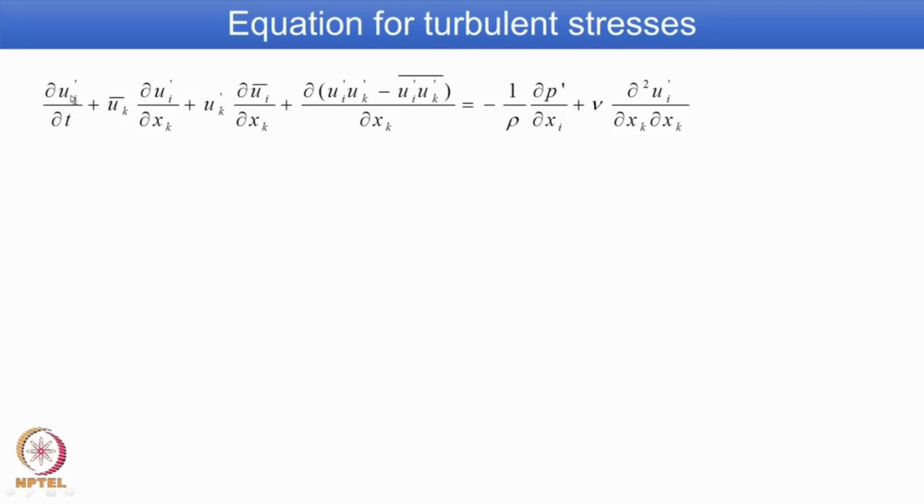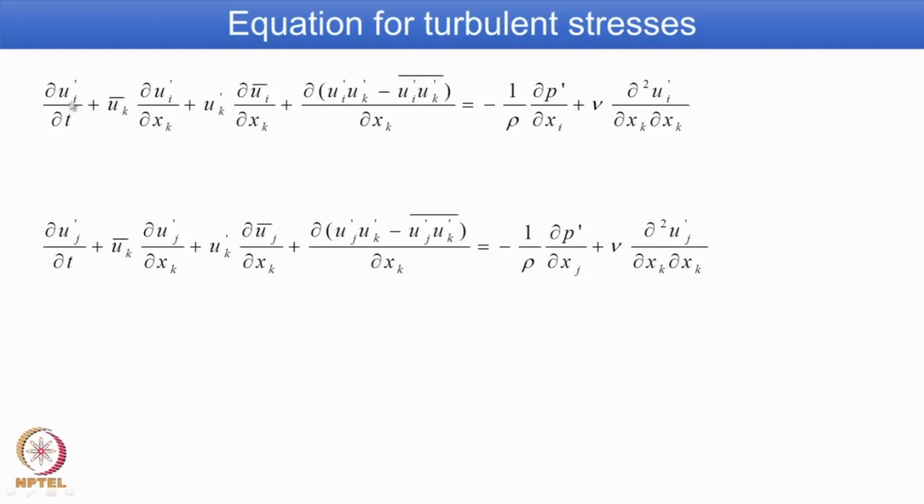In this equation we use i and k, and these are obtained very systematically following all the arithmetic, that is, you have an instantaneous quantity decomposed into a summation of mean and fluctuation. You apply this decomposition, then you get the equation for fluctuations. Now, this is just a representation, in the sense that the index notation i is very generic. So, you can replace the index i by j and get the equation for another fluctuation.